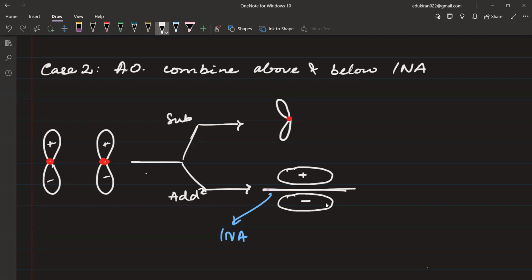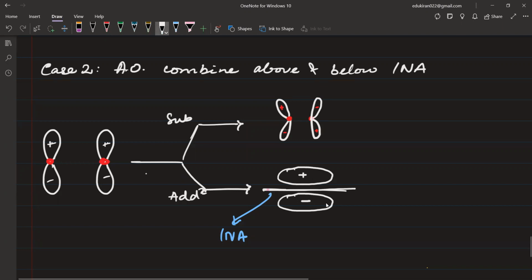That lobe has become half and it is getting away from the nucleus. And here also, in the second case also, this is my nucleus and my lobes are something like this. Okay, something like this. So both of them have subtracted each other. But this is still positive. This will be negative, and this will be positive because subtraction happens and the phase will be changing.